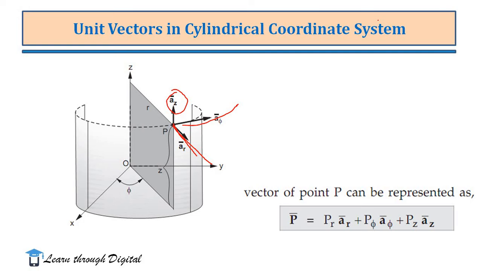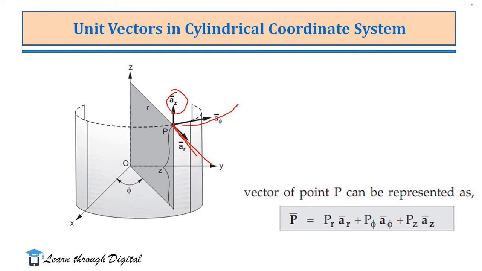These three vectors are mutually perpendicular to each other. The a_r vector lies in a plane parallel to the xy plane and is perpendicular to the surface of the cylinder. At a given point, it points radially outward. Note that the a_r vector is radially outward from the cylindrical surface.